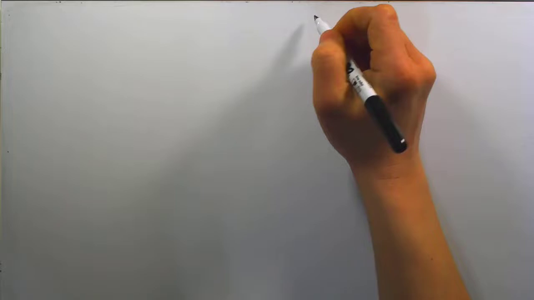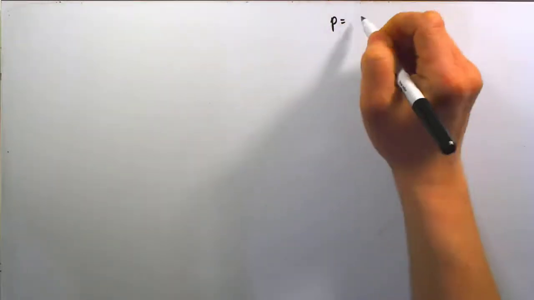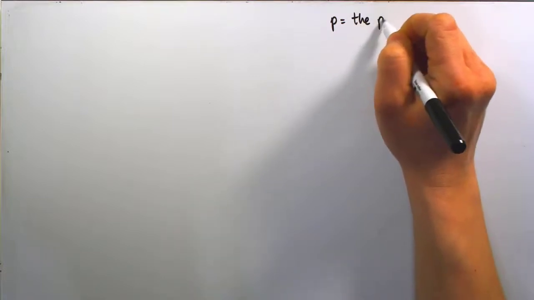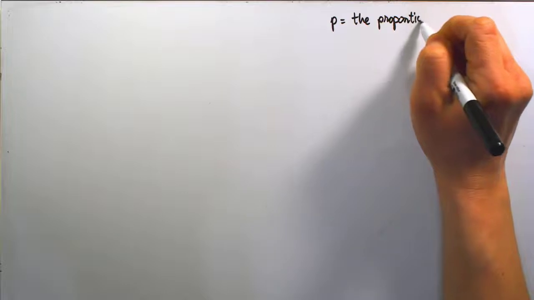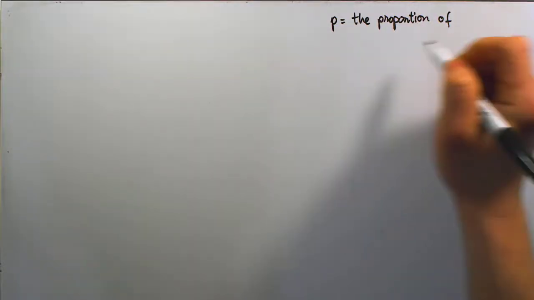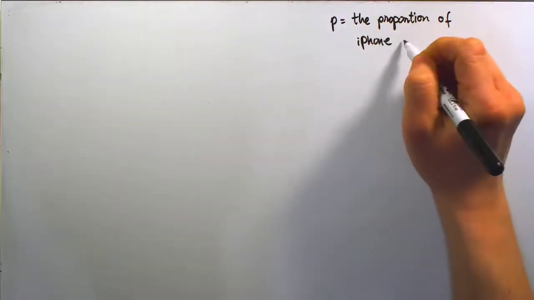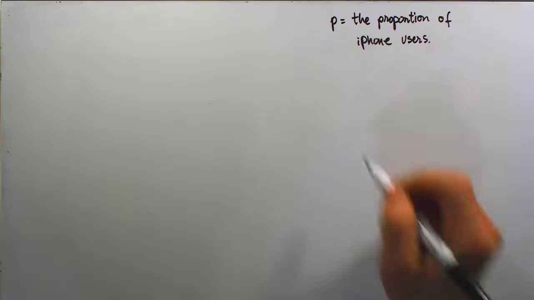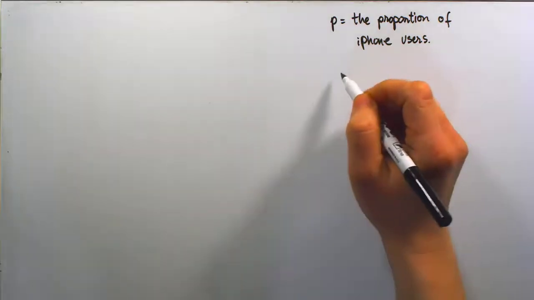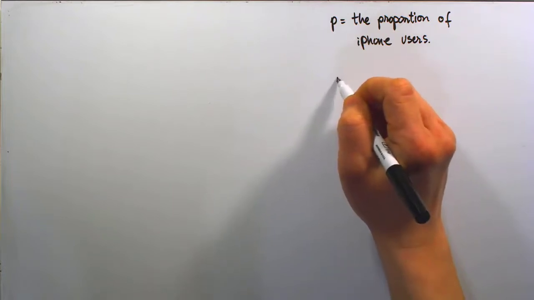And so now on my writing board, again, we can define P to be the proportion of iPhone users. And according to the statement that I highlighted in the wording description of the problem, we want to prove that P is other than.